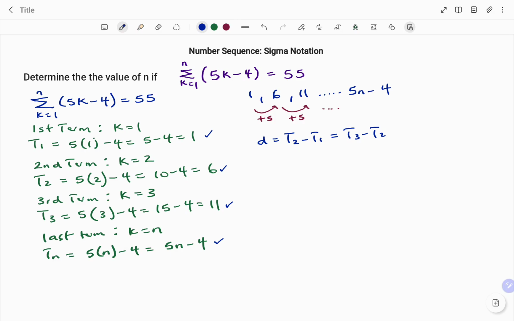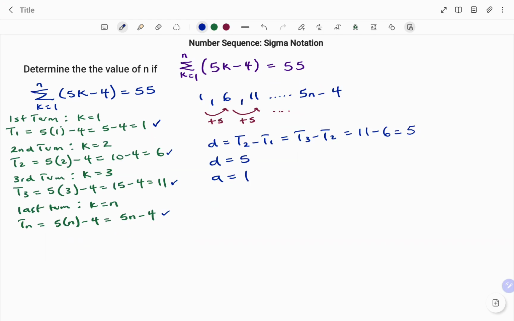It's always the term in front minus the term behind. So we can pick any of the terms. We have 11 minus 6, which is equal to 5. So our d is 5, and our a, which is the first term, is positive 1.